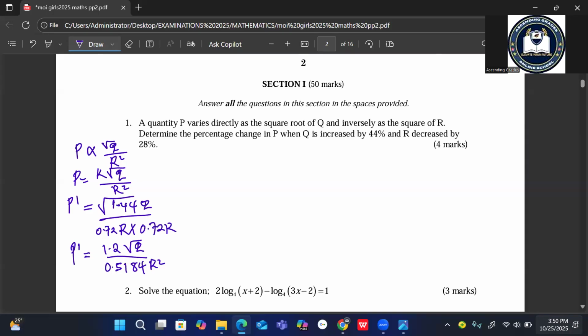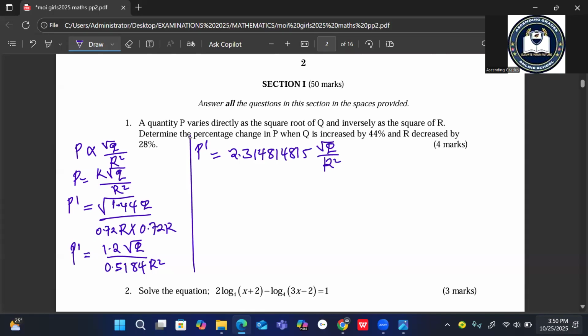So we continue with P prime, so that we find the value of P. So P prime will be equal to 2.314814815 root Q over R squared.